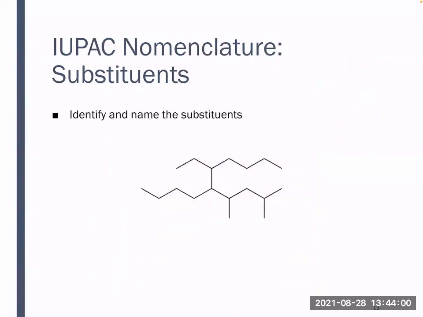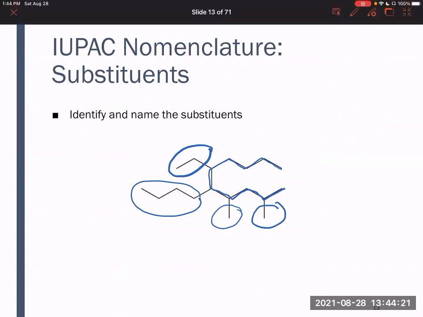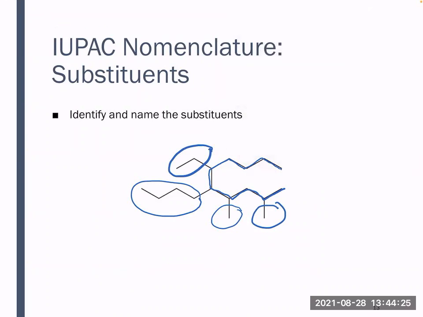So let's go back to this example here. So again, we determined that this was our parent chain in the last video. So here are our substituents. Again, these are the groups that are coming off the main chain. And now we want to name them. So let's start here.